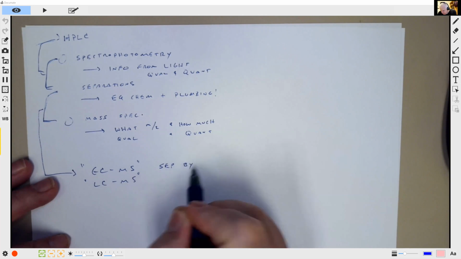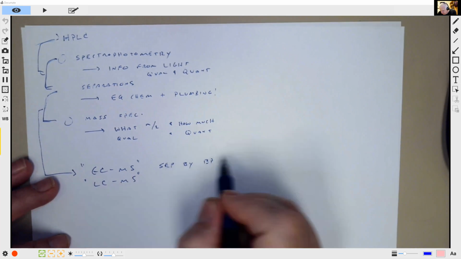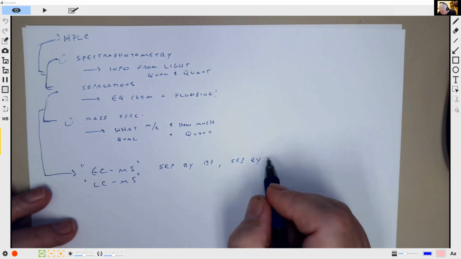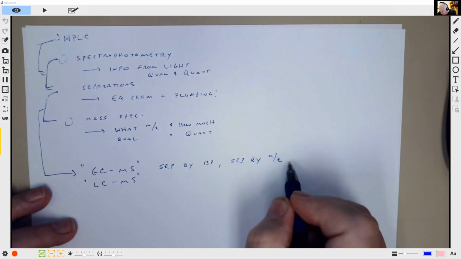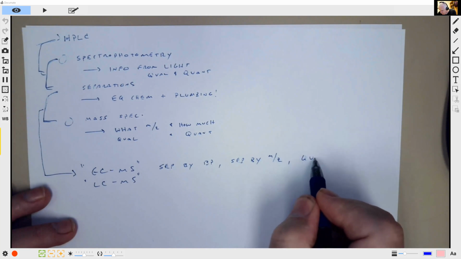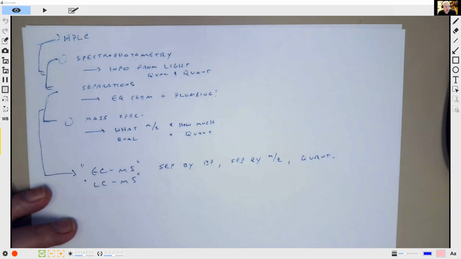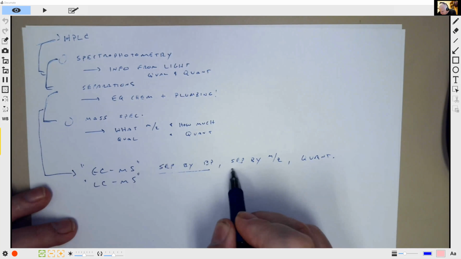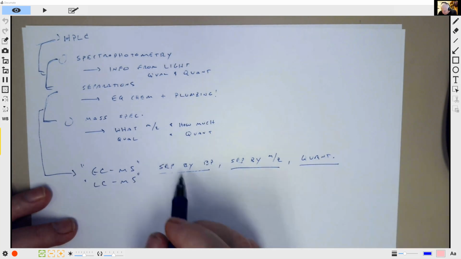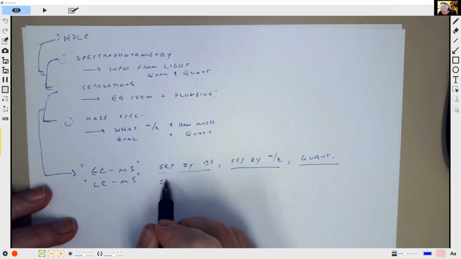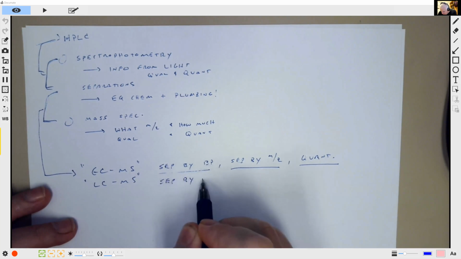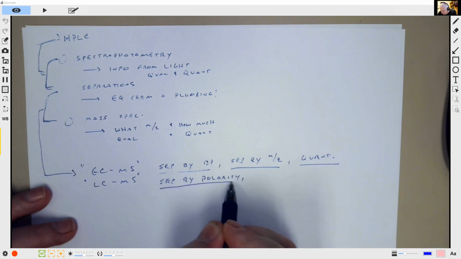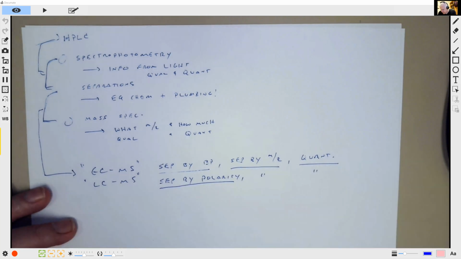So you separate by boiling point, and then you separate by m over z, and then you quantify the entire response, right? So there's a separation, a separation, and a quantitation. And for LCMS, you basically separate by polarity, then m over z, and then you quantify.